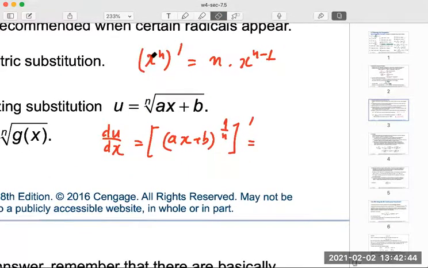Or in general, if this is a function u, don't be confused between these two u's, it will be n u to the n minus 1 multiplied by u prime. In our case here, it is ax plus b to the 1 over n. 1 over n is simply a number, so we can apply the chain rule using this formula.